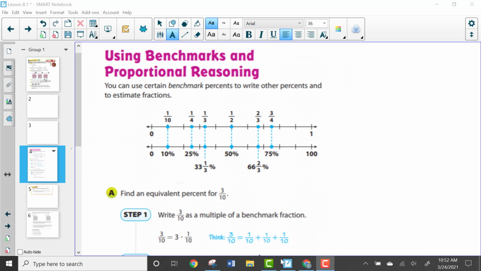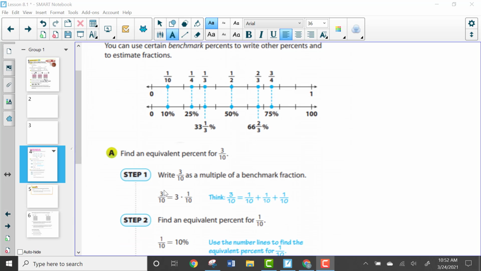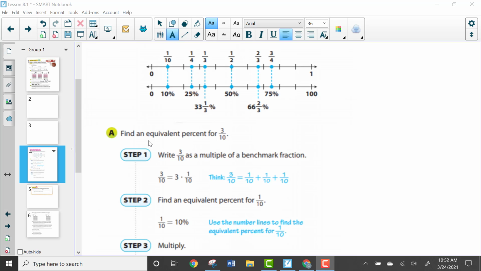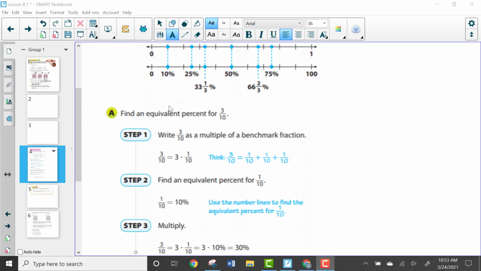When we're trying to figure out what a percentage is, for example, let's say we know 1/10 is 10%. If we're trying to find an equivalent percent for 3/10, we would write it as a multiple of benchmark fractions. We know 3/10 is equal to 3 times 1/10, and 1/10 is equivalent to 10%.